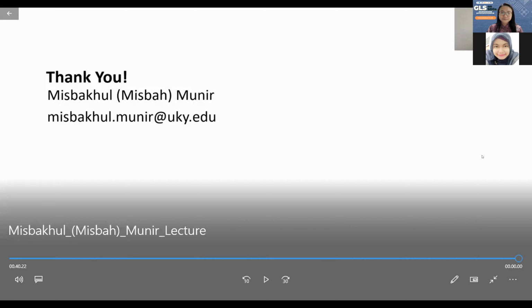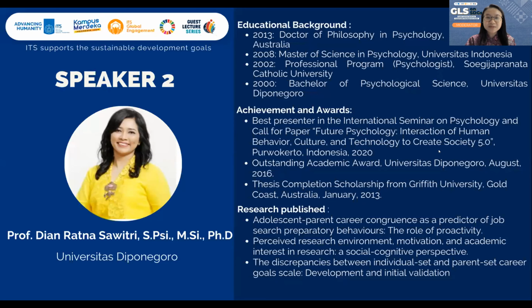Her achievements and awards include Best Presenter in the International Seminar on Psychology and Call for Paper, Future Psychology, Interaction of Human Behavior, Culture, and Technology to Create Society 5.0. And also Outstanding Academic Award, and then Thesis Completion Scholarship from Griffith University in 2013.